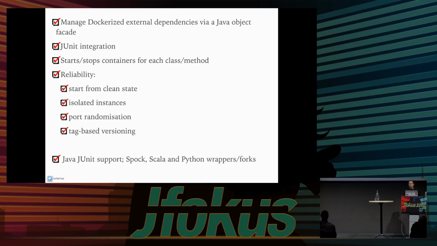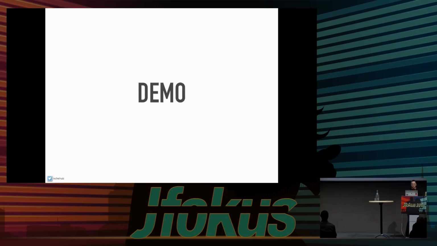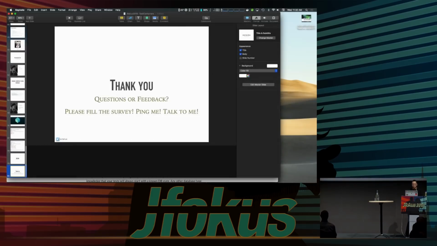It has a JUnit integration. It really keeps the instances isolated. As I said, it has really nice port randomization, and you can use tags. And there is support even for Scala, Python, or Java. So let's go to the demos. I have several ones for you.